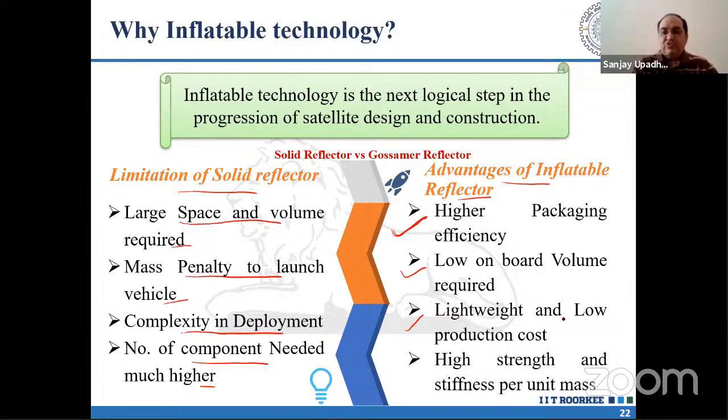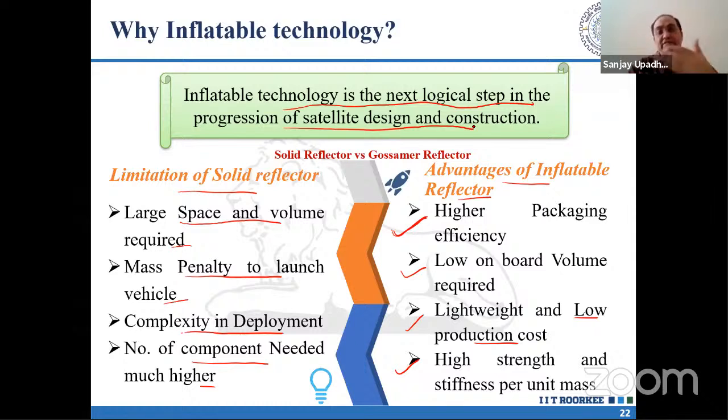They also have low production cost and high strength and stiffness per unit. That's why inflatable technology is the next logical step in the progress of satellite design and construction, and it is very important in satellites.